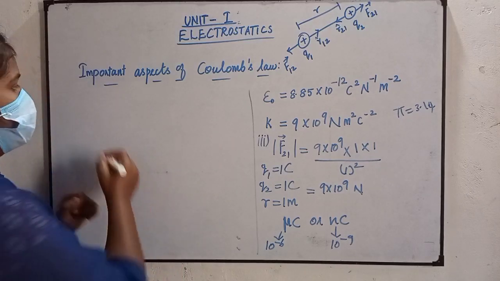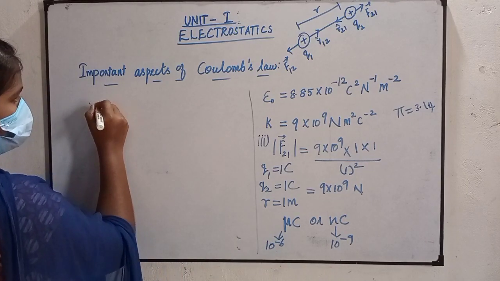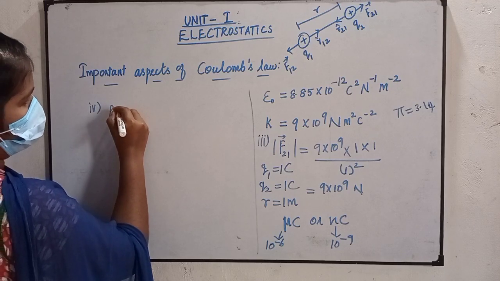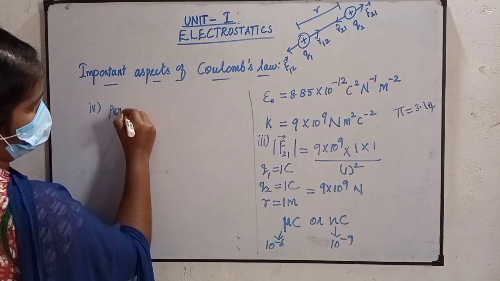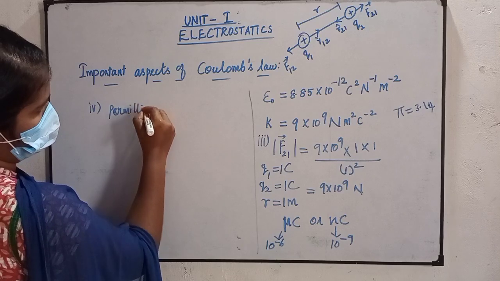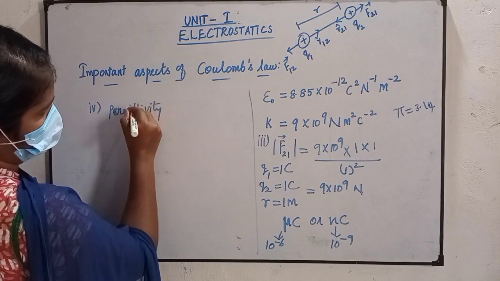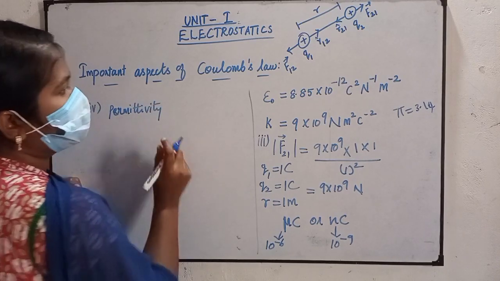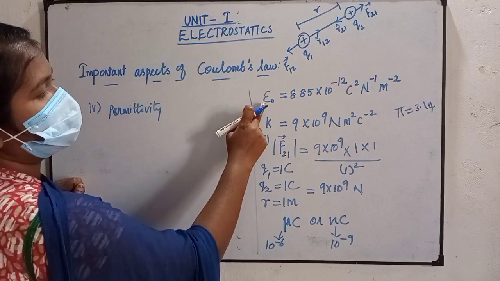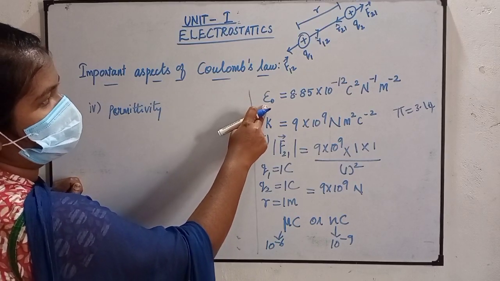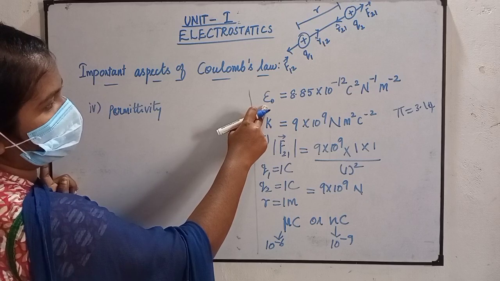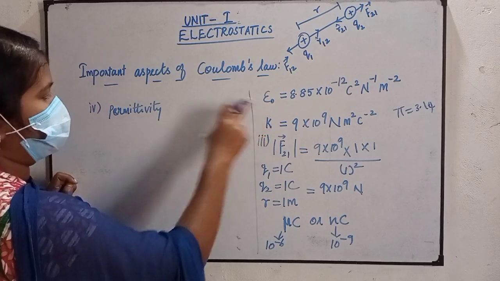So the fourth important aspect is permittivity. In vacuum, we use the permittivity of vacuum, or permittivity of free space, with the symbol epsilon naught.